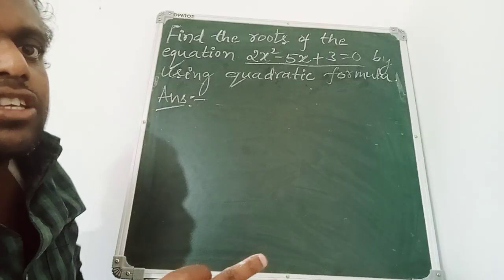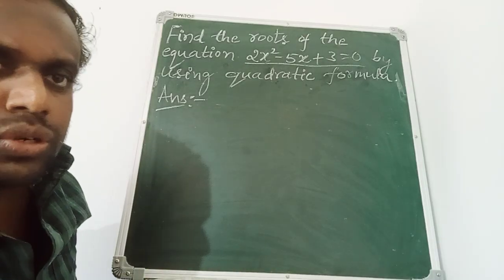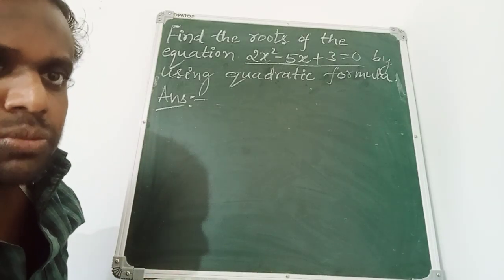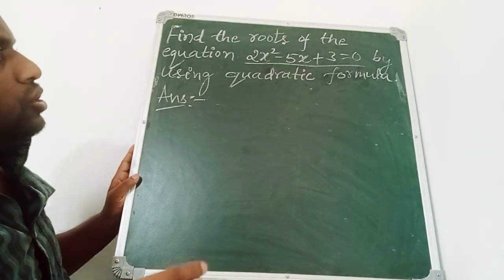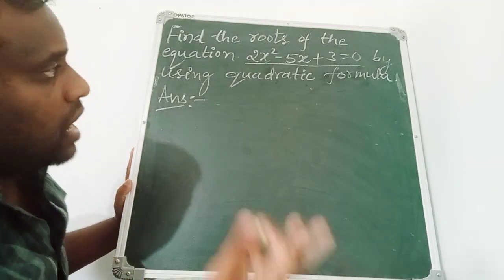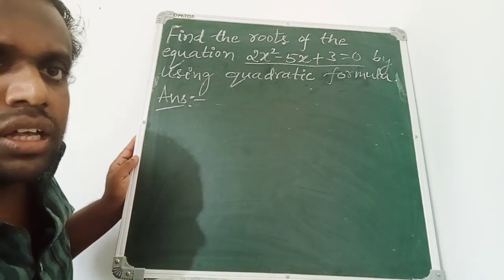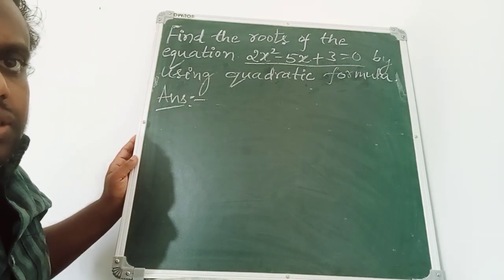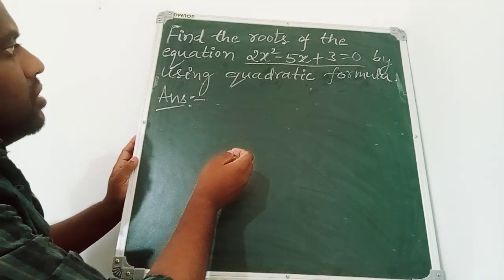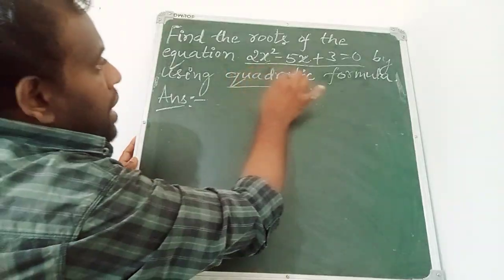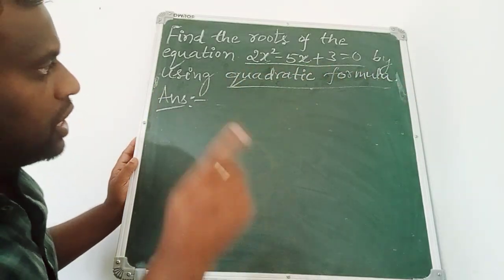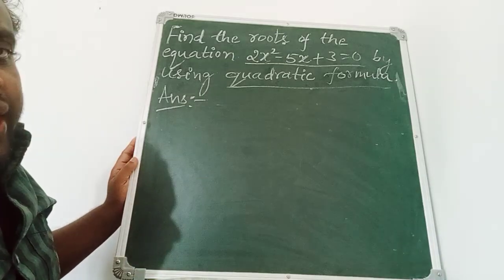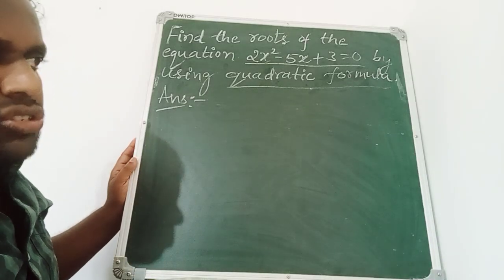Sometimes they will ask to find the zeros or find the roots, both are the same. There are different methods to find the roots, but here we have to use only the quadratic formula.